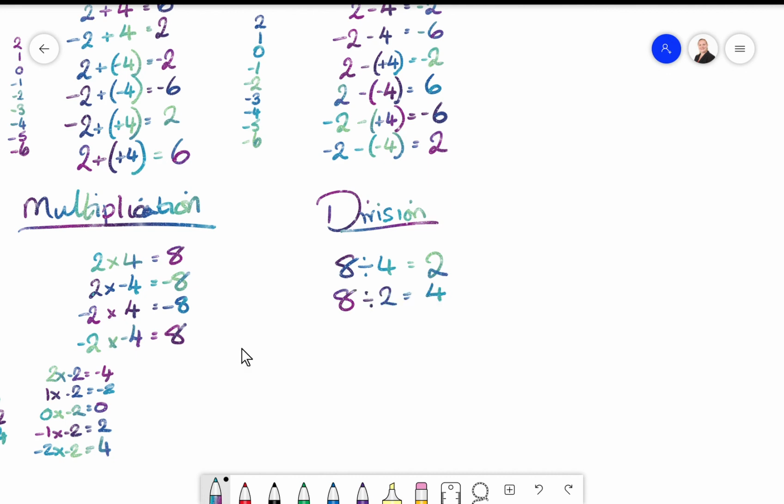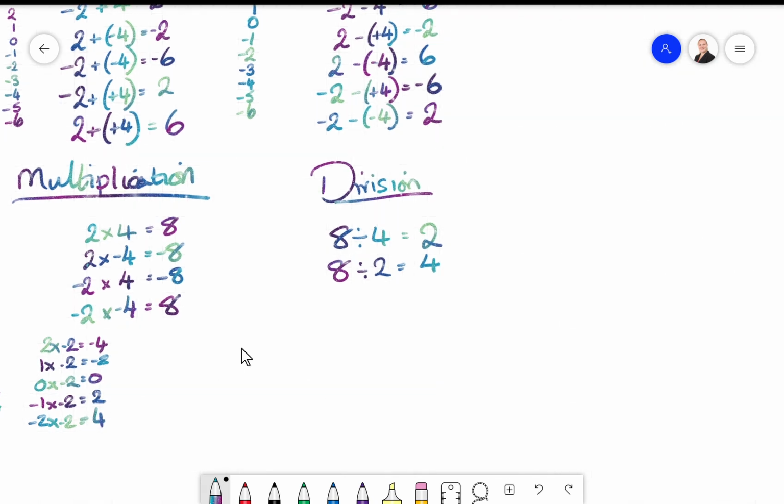I know that because of how those work. So I can use this rule here, 2 times 4 is 8, to work out those two. Here we go, if I go minus 8 divided by 2, well, that's the minus 8, and the other number left is a minus 4.